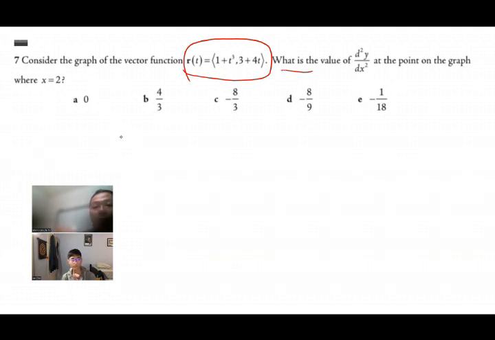This is the position vector in physics, and it asks you to find the second-order derivative of y in x. So you have to find dx over dt and dy over dt. The 1 plus t cubed is x, and the 3 plus 4t is y.